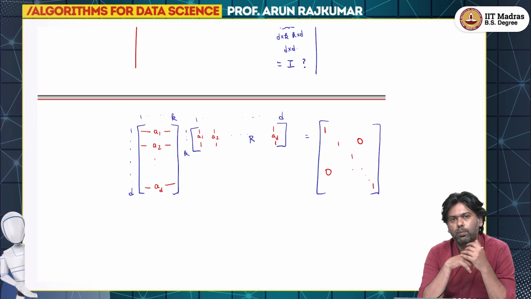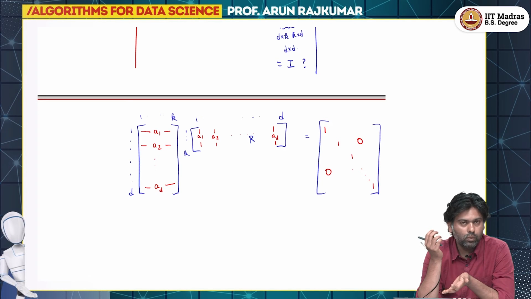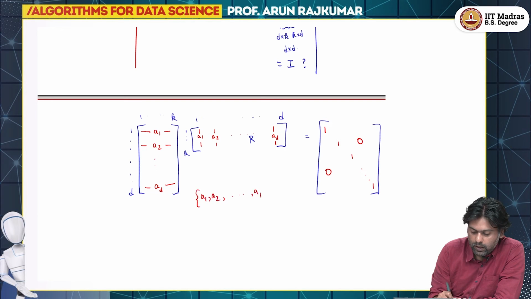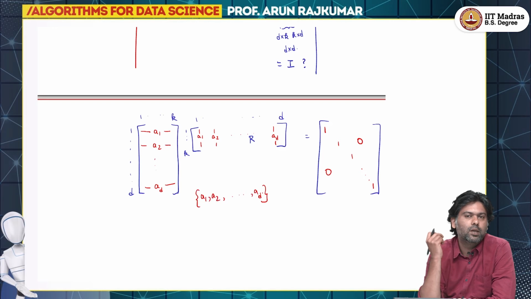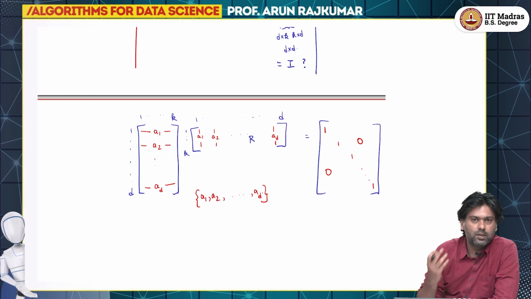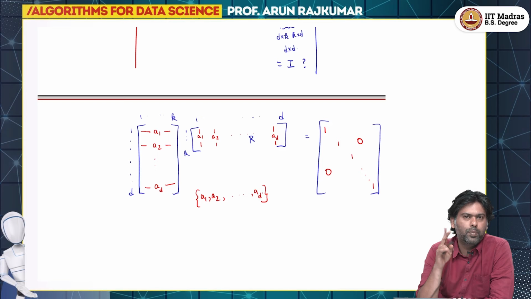Which means they should be perpendicular. In other words, we want A1, A2 till AD to be a set of orthonormal vectors, that is, a set of vectors that are pairwise orthogonal and the length of each vector is 1.